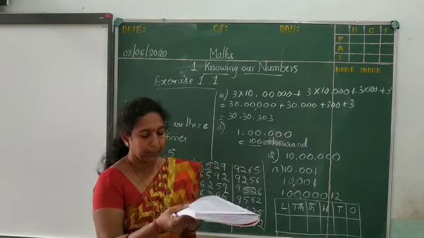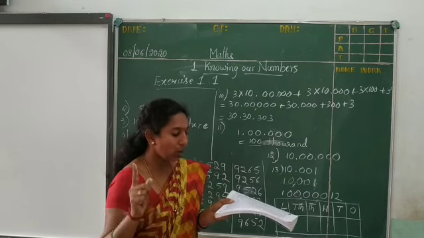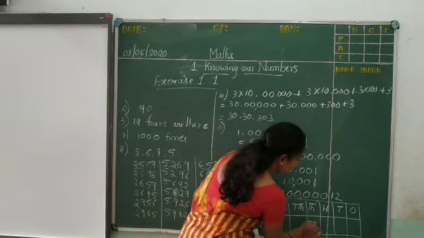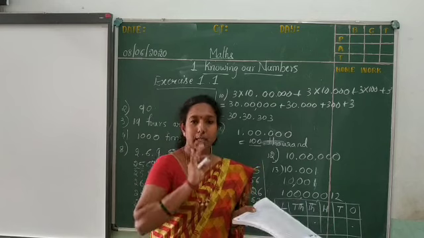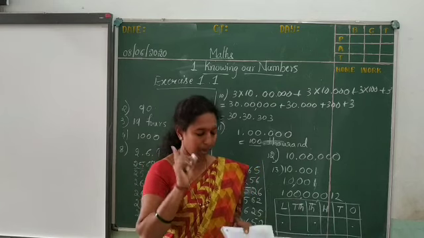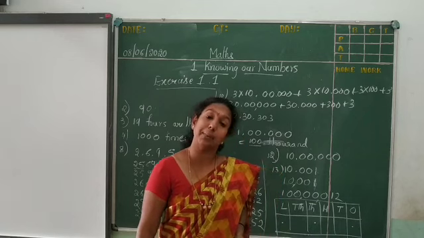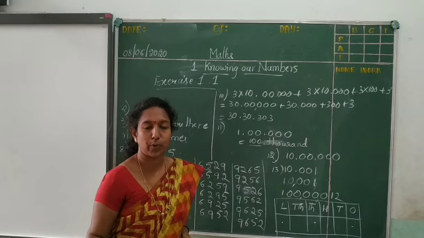Here they told one rule: the highest place, 1000 place and the ones place, these all are having the same digit. Same means same number. And their sum is 24. Sum is 24 means adding all the 3 numbers, the sum is 24.